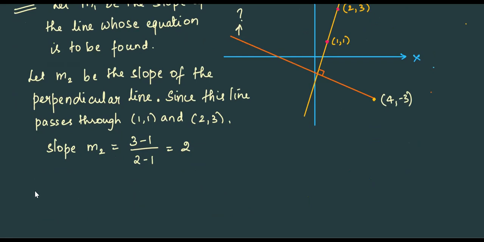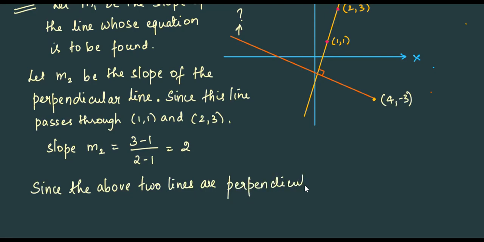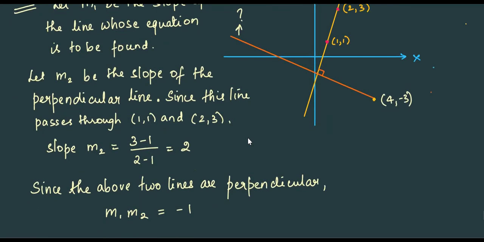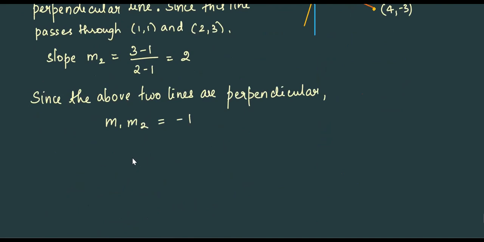Now, since the above 2 lines are perpendicular, we have the product of slopes equal to -1. So m1 into m2 is -1, the slope of the required line and the slope of the other given line passing through 2 points.